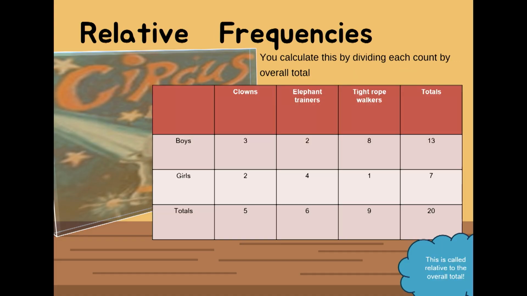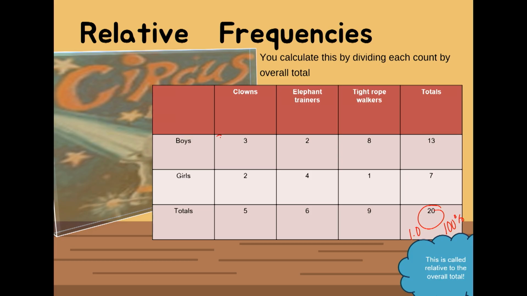So our next one is our relative frequencies. Okay, you can calculate this by dividing each count by the overall total. So I want us to go ahead and get these. So we need to know that our total of totals is our 100% or our 1.0. So then when I look at the boys who are clowns, there are 3 of them.